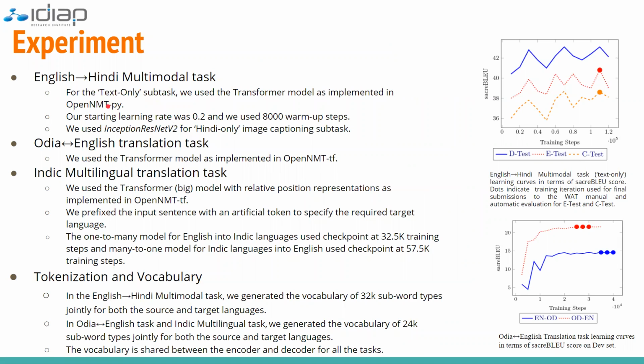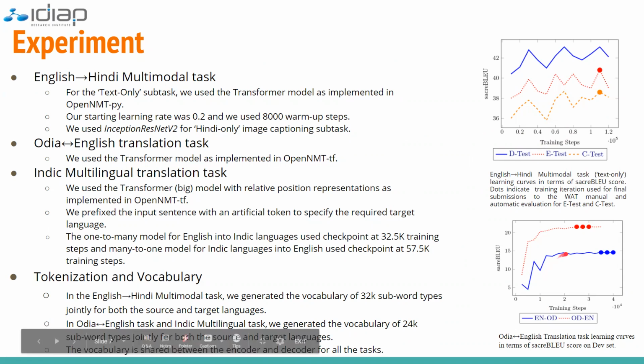In the first experiment, for the English Hindi multimodal task, we used the transformer model as implemented in OpenNMT-py. And for the image captioning task, we used Inception ResNet V2. The first figure is the learning curve for the English Hindi multimodal task. In the second, Odia English translation task, we used the transformer model as implemented in OpenNMT-tf.